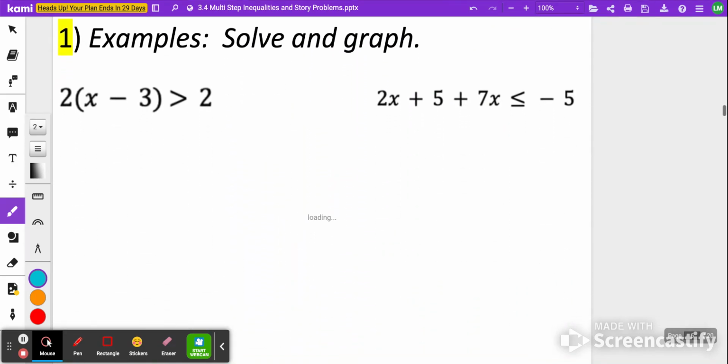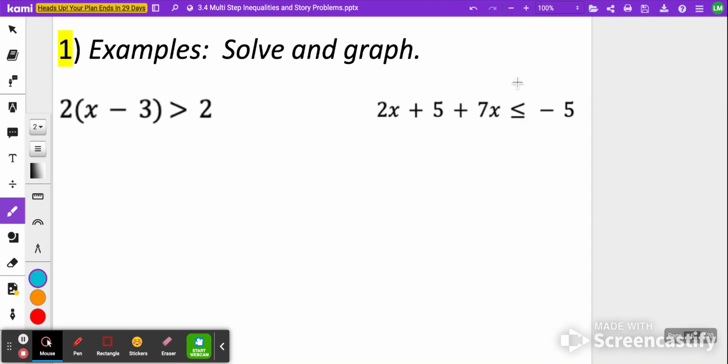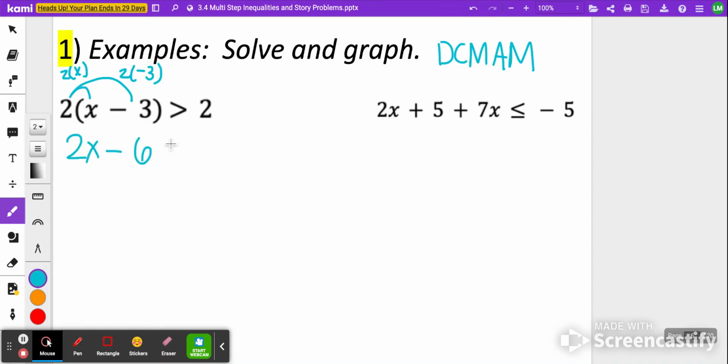All right, here are our first two examples. Remember, we're using "don't call me after midnight." So let's start with distribute. The first one does look like we need to distribute the 2 to x and the negative 3. So that just means, again, 2 times x and 2 times negative 3. I know 2 times x is 2x, and 2 times negative 3 is negative 6, and then I just have greater than 2.